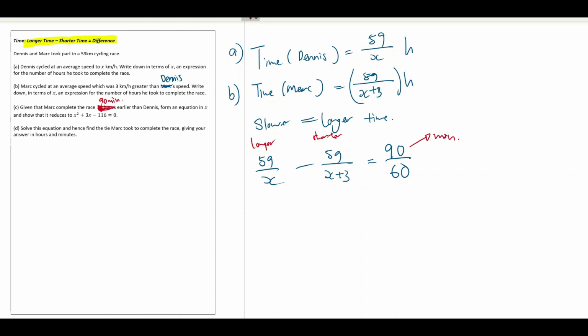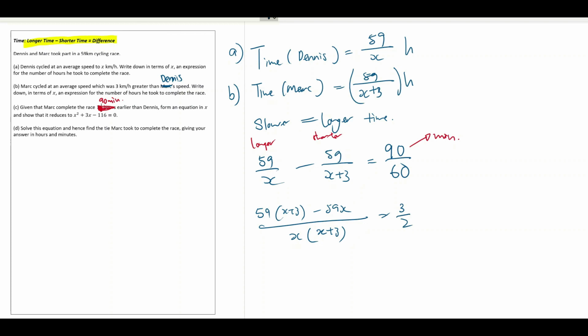Based on what you learned before, for the left side, go and make it a common denominator. So 59 must times x plus 3, minus 59 must times x. The common denominator is x bracket x plus 3. 90 over 60 will give you 3 over 2. Why do you need to simplify? So that later you can cross multiply easily.